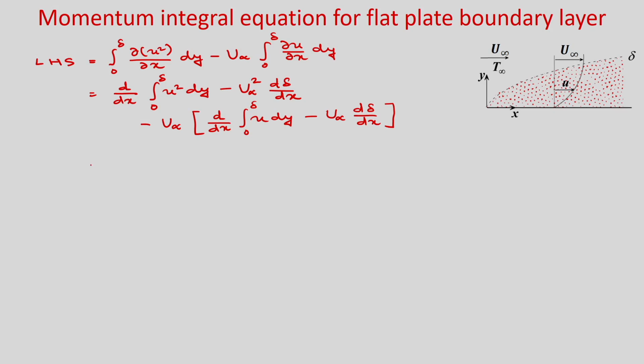So, now if you rearrange, it will be d/dx ∫₀^δ u² dy − u∞² dδ/dx. So, this you multiply with − u∞, and you will get − d/dx ∫₀^δ u u∞ dy.